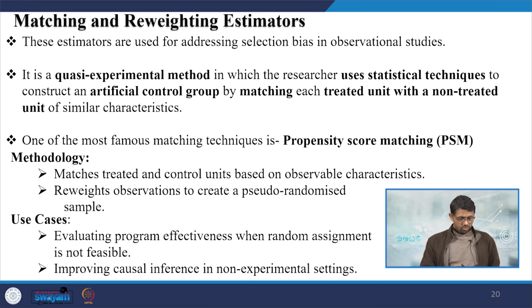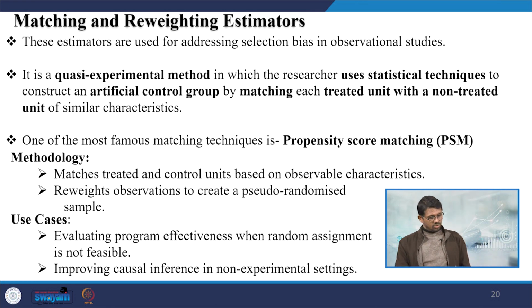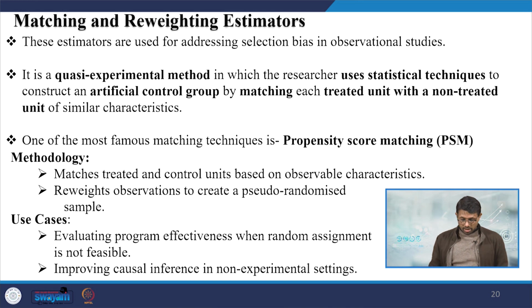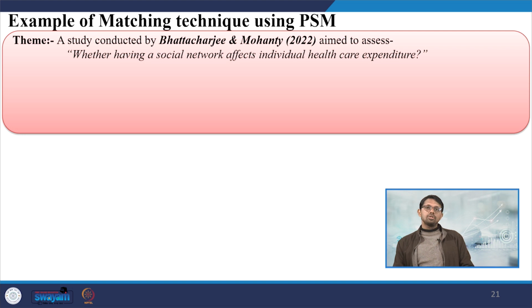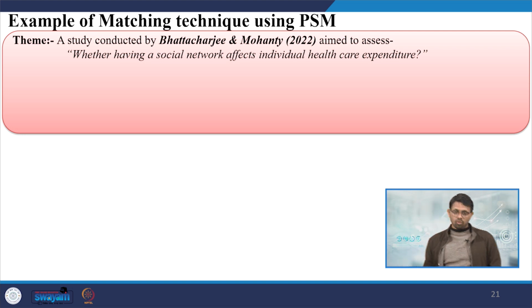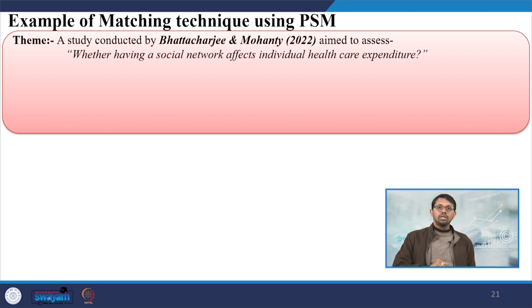This is used in cases such as evaluating program effectiveness when random assignment is not feasible, and improving causal inference in non-experimental settings. For examples of PSM you can follow our own paper, which we published. This is our hypothesis, the research question where we discuss whether having a social network affects individual healthcare expenditure.